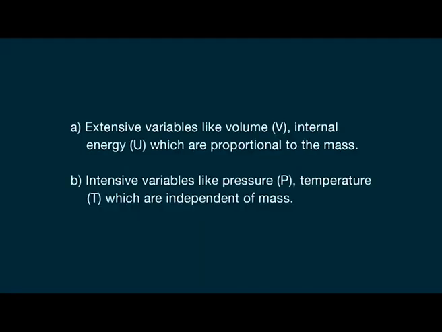The variables defining a thermodynamic system are of two types: extensive variables like volume V and internal energy, which are proportional to mass, and intensive variables like pressure P and temperature T, which are independent of mass. The interrelationship in a quasi-static process can be represented by curves or diagrams drawn with the help of a device called an indicator diagram.